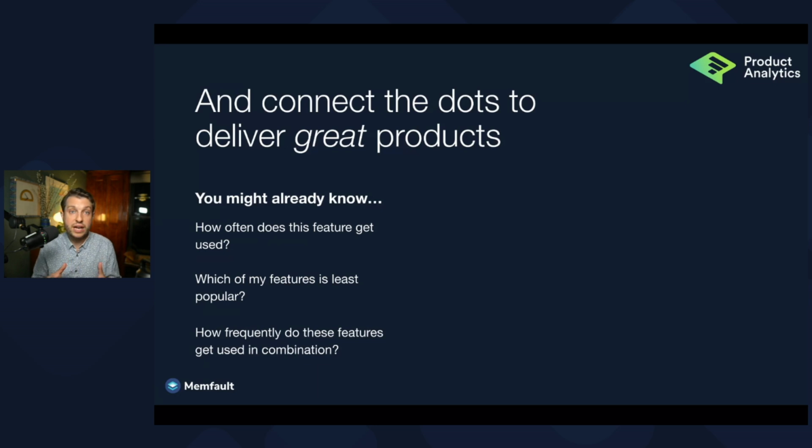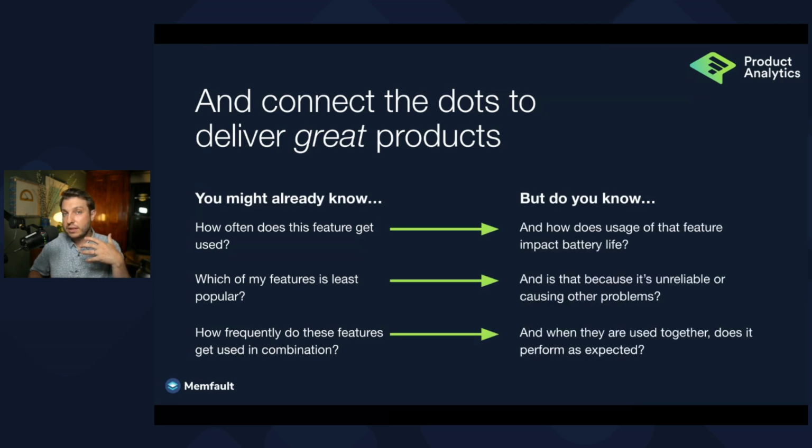For example, you might already know how often this feature is used, or which of my features is least popular, or how frequently these features get used in combination. But what about how usage of that feature impacts battery life? Or are people using this feature less because it's unreliable or because it's causing other problems?